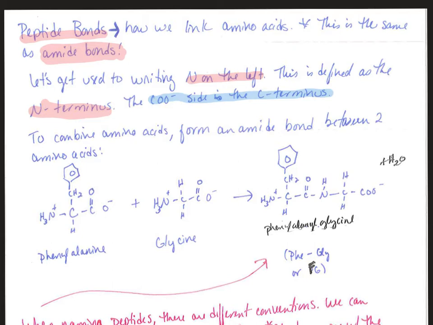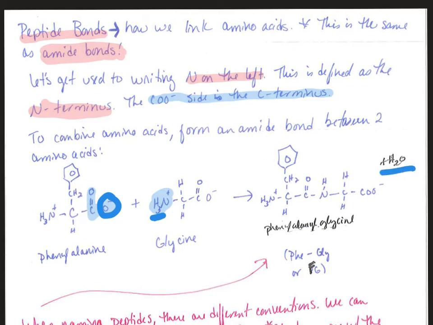So if you're going to combine amino acids to form an amide bond between two amino acids, what ends up happening is where this COO is right here reacts with where this NH3 is. Just like we did before, we have an oxygen and two of these hydrogens that go into making water, okay? Sorry, I covered that up a little too much. That's what goes into making water.